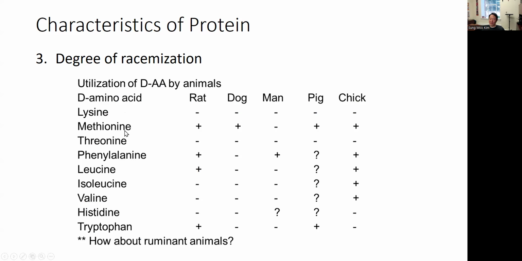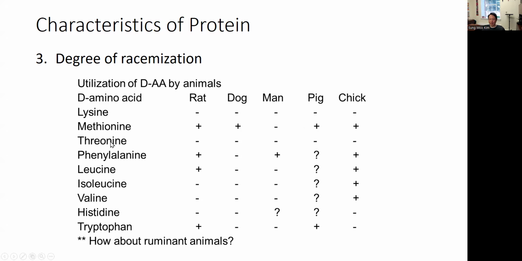This is interesting in the case of methionine. It's very interesting that animals, depending on species, rats, dogs, pigs, and chickens, except for human, their liver are shown to be effectively convert D-methionine to L-methionine. So D-methionine can be utilized in the body after they've been converted to L-methionine, right? Except for human.